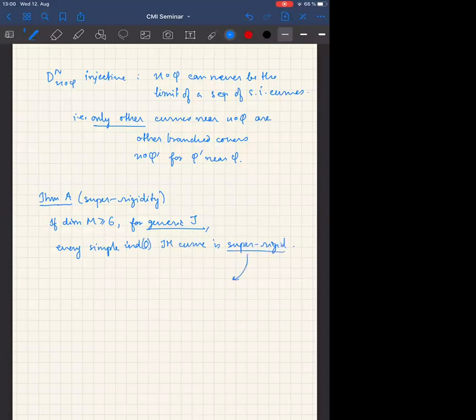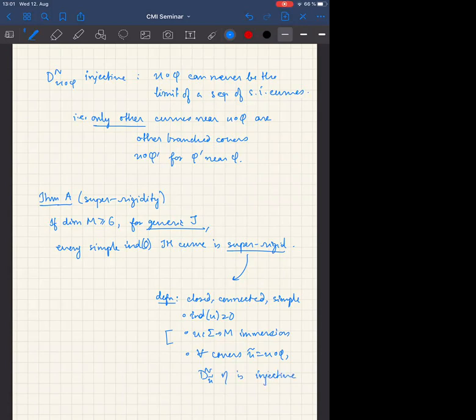The definition of super rigidity is just that we need to have closeness and connectedness. A simple curve whose index is 0, which is an immersion. By the way, this we can obtain by choosing appropriate J. And all covers, for all covers, the normal Cauchy-Riemann operator is injective. Right?